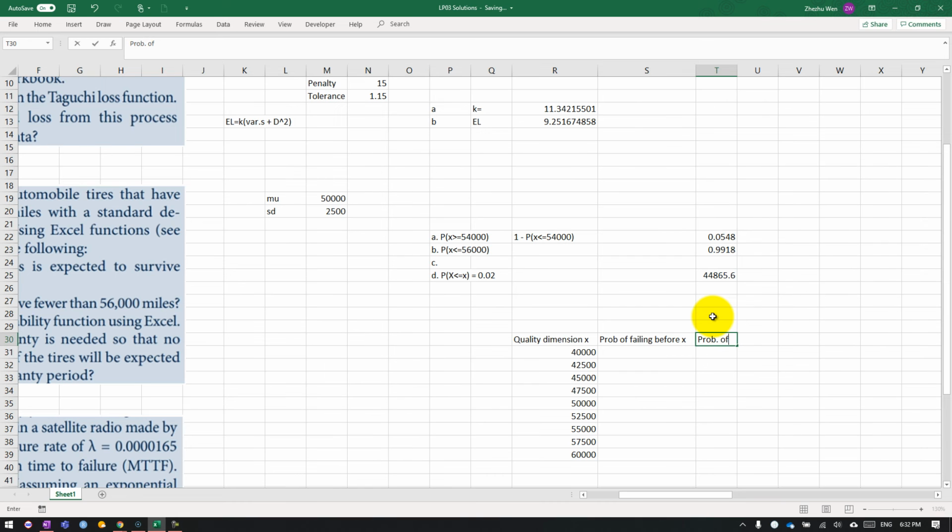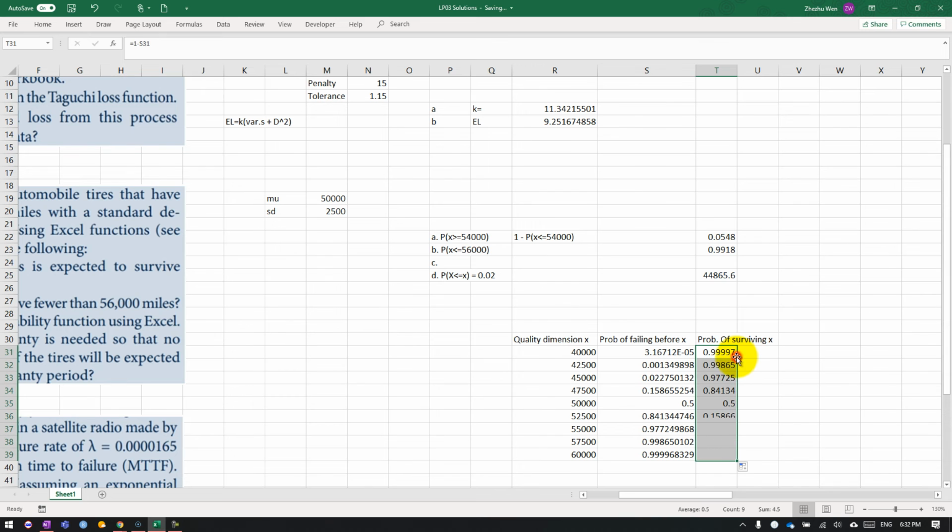So this is NORM.DIST here, with an absolute reference. Standard deviation is this, again an absolute reference, cumulative true. Okay, and double click. For this part, I'm going to do 1 minus this, and double click.